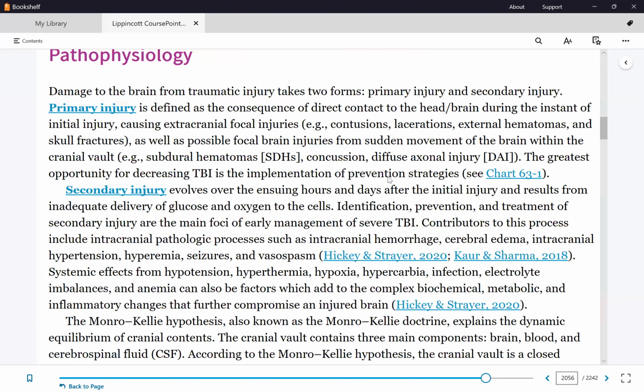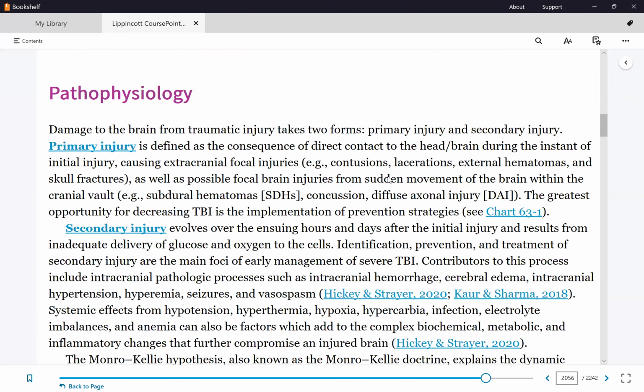Now, the problem in head injuries is the injury is not limited to whatever was sustained during the first 24 hours. There are 2 sets of injuries here. We divide them into primary and secondary injuries. Now, what are primary injuries?